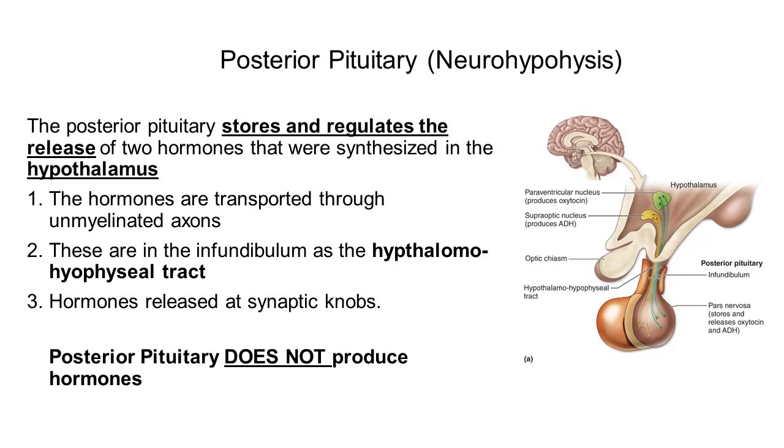Okay? So these neurons are going to produce hormones, and they're going to be transported down axons. That seems weird. But when you think of a neuron, it's going to create a synapse with another neuron or with a muscle or with a gland. And what's going to happen at the synaptic knob? That neuron is going to secrete neurotransmitters.